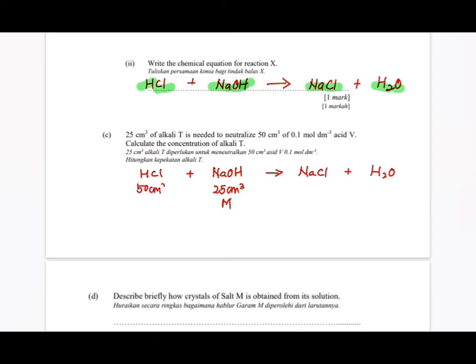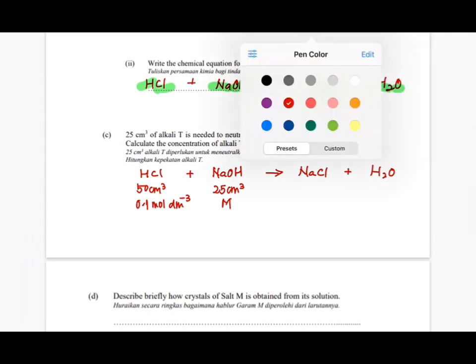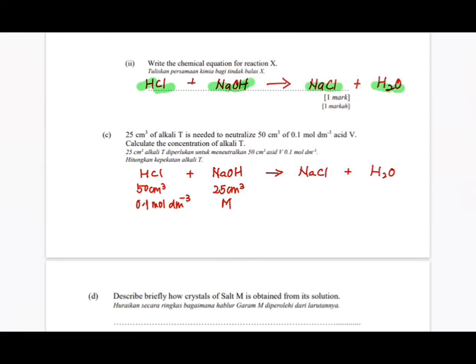For the acid, we know the molarity. From the balanced chemical equation, we know that 1 mole of acid will react with 1 mole of sodium hydroxide. So we find out the number of moles of hydrochloric acid.